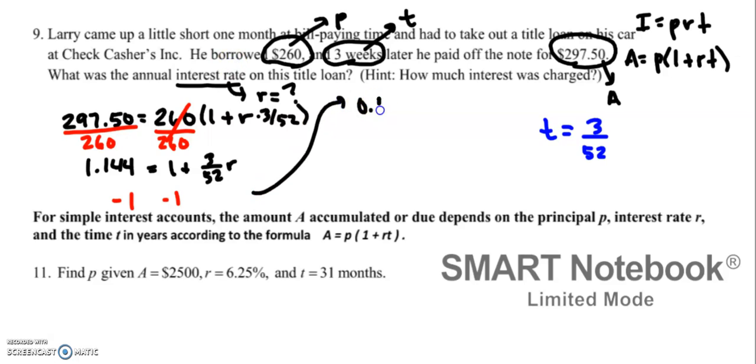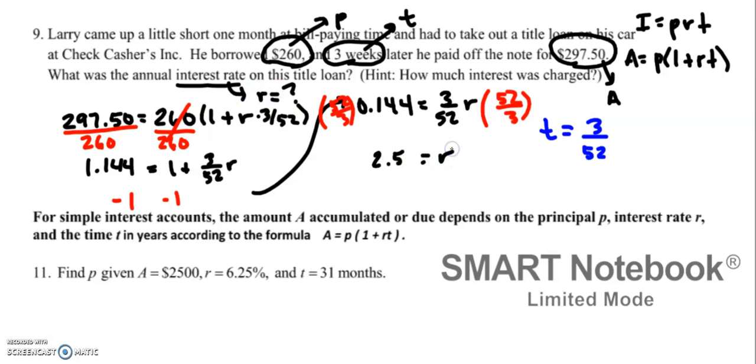That gives me 0.144 equals 3 over 52 R. Times the reciprocal to both sides. So that's 2.5 rounded on the left equals R, but remember, R needs to be converted back to percent.